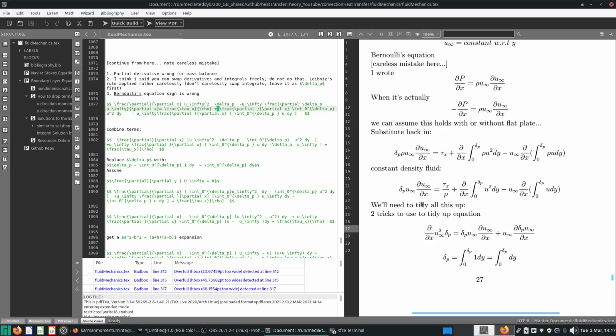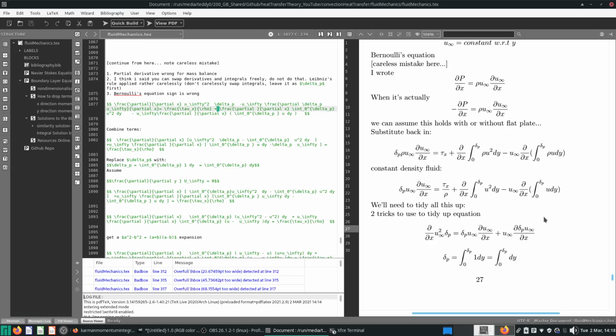Okay, and then you have your boundary layer thickness on the outside. You divide throughout by the density because they say it's a constant density fluid, and then you will get all of this. So you divide throughout by rho, you get tau x over rho equals to all of these things.